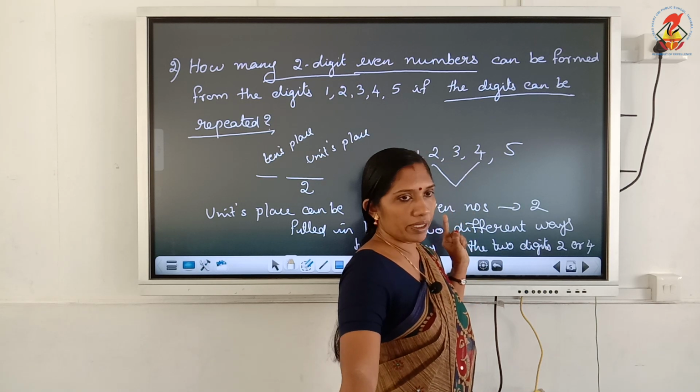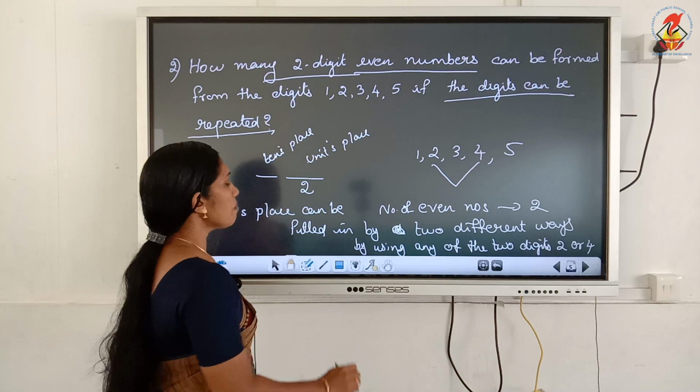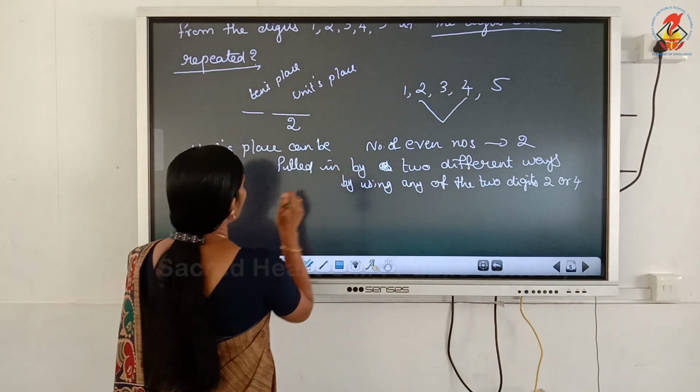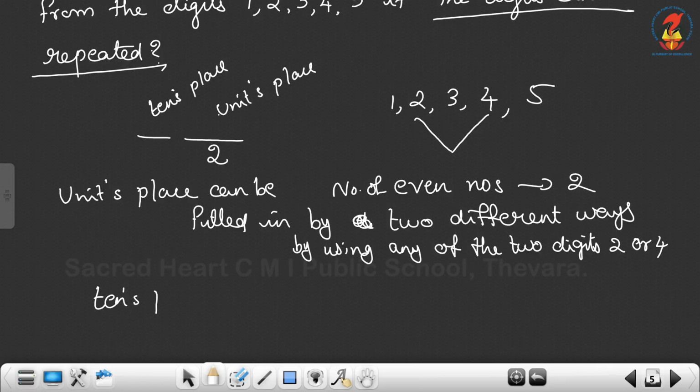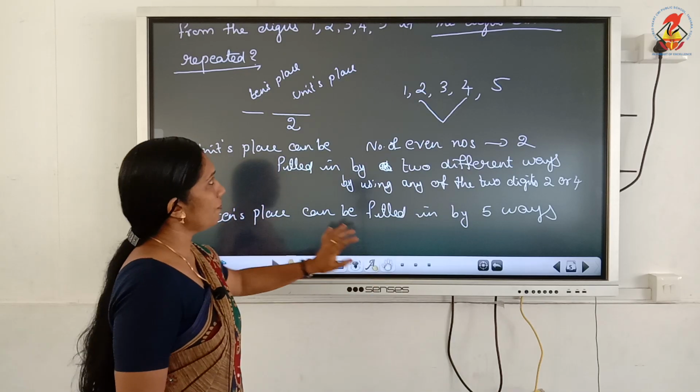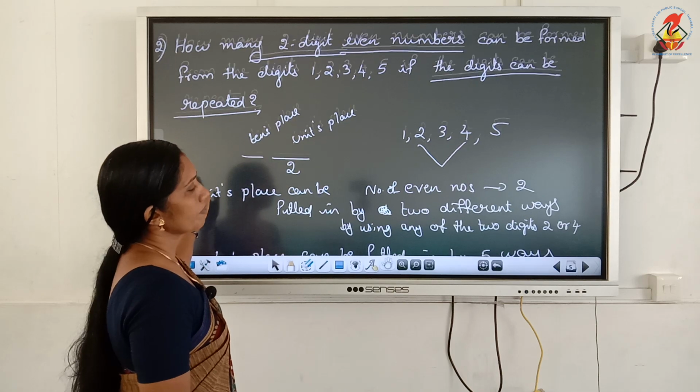So, this tens place can be filled in how many ways? 5 different ways. Tens place can be filled in 5 ways.